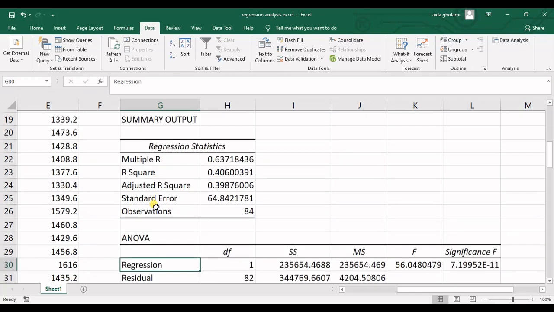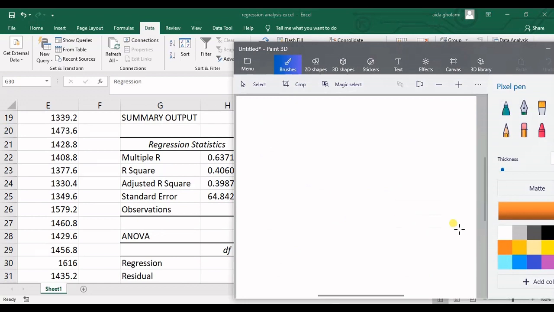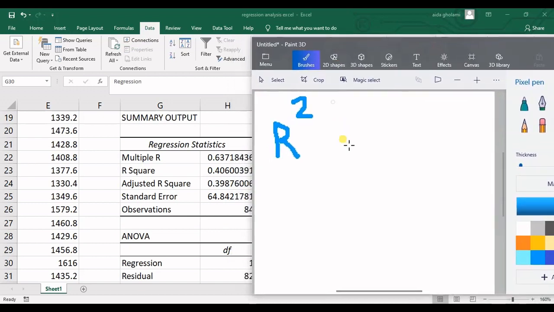The next one is R square. As it seems from the name, this indicator does not have any direction. It just changes from 0 to plus 1.